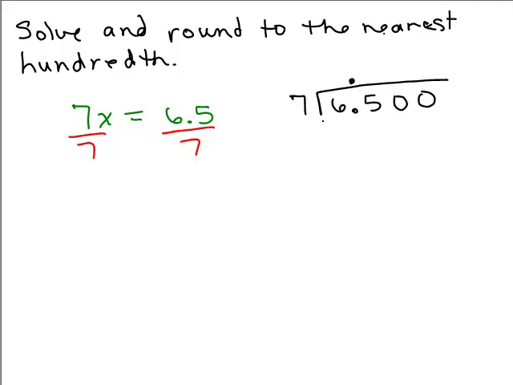So let's start that. 7 into 65 is... how many times does that go in? 8 is 56 and 9 would be 63. So it goes in 9 times. And then we're going to bring down that 0. 7 goes into 20 twice.